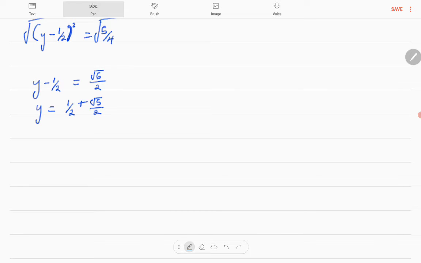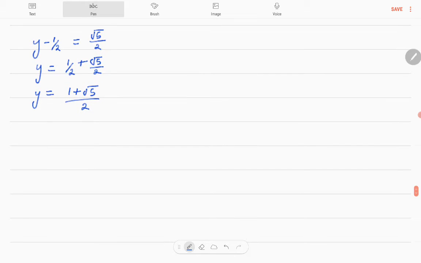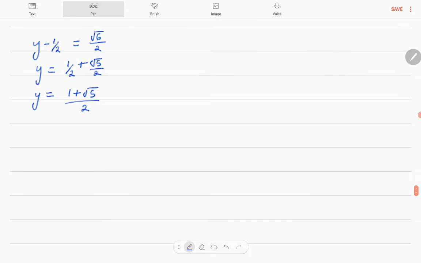And then when you add it, you have y is equals to 1 plus root 5 divided by 2. And of course, we'll have 2 roots for y, because root 5 is plus or minus root 5. So we'll have y is equals to 1 plus root 5 divided by 2, or 1 minus root 5 divided by 2.